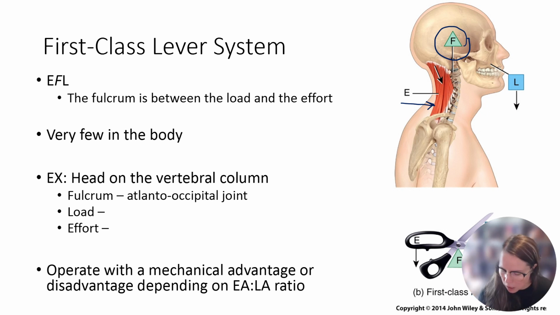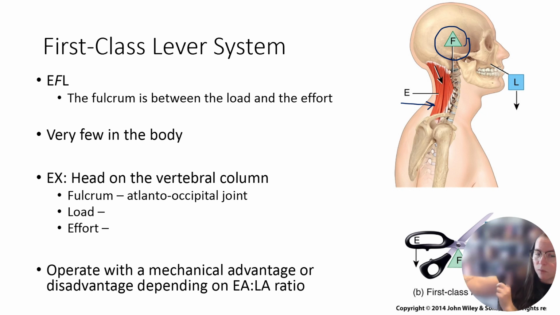So what did we just talk about? We just said that if the effort arm is shorter than the load arm, we'll have mechanical disadvantage, okay? That's what we see with the triceps brachii. So again, if we go back here to our elbow joint, this is the insertion side of my tricep. Here's my effort. My origin is kind of all up here because it's 3 heads. But the connection to the fulcrum is much smaller. So this action of extension is actually mechanical disadvantage, okay?